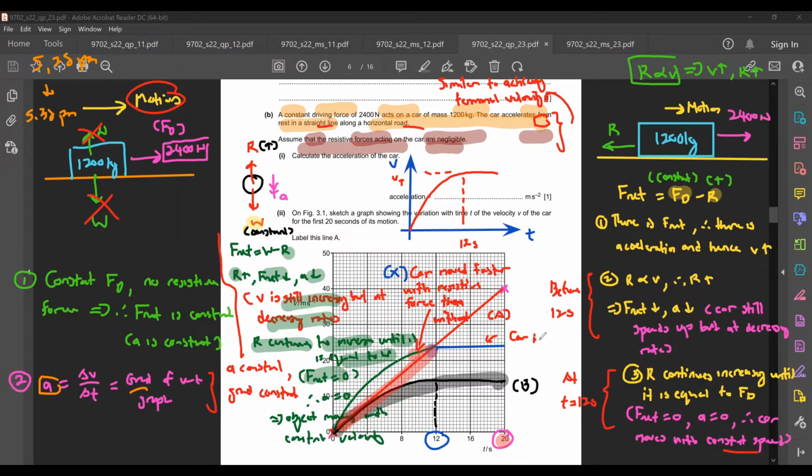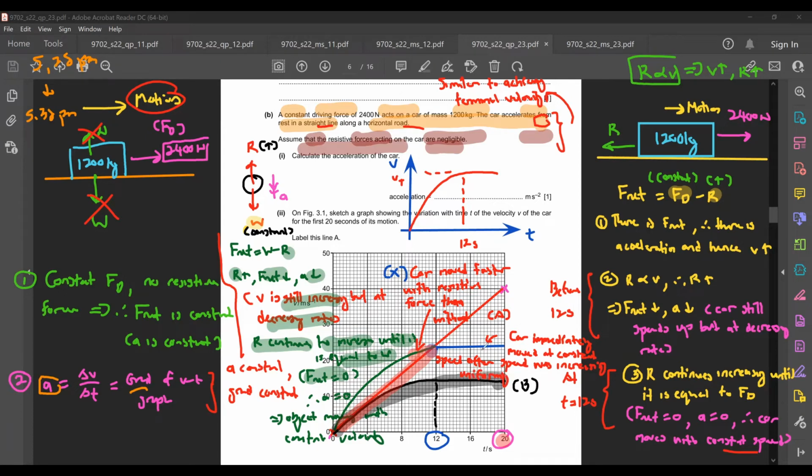So it's saying the car immediately moves at constant speed after speed was increasing uniformly or constantly.